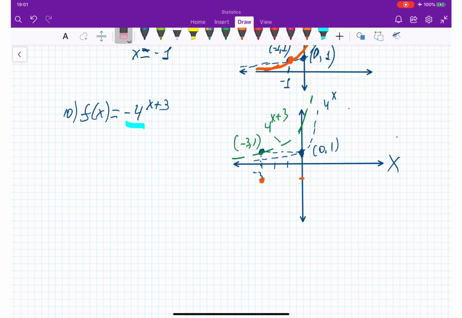Let me draw it precisely. So this green one is going to go like this, parallel, which means this one is going to go like that.